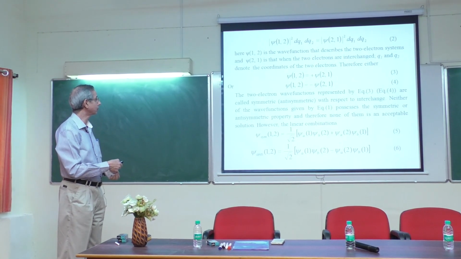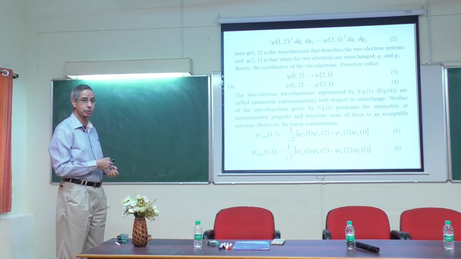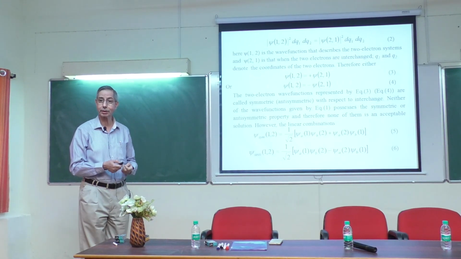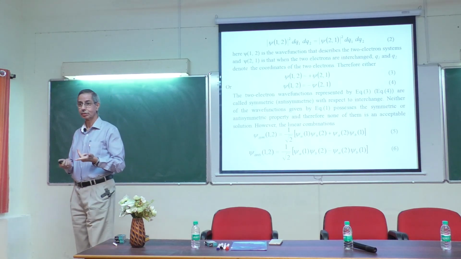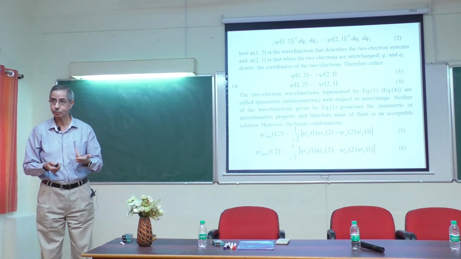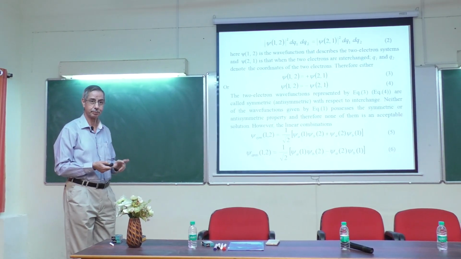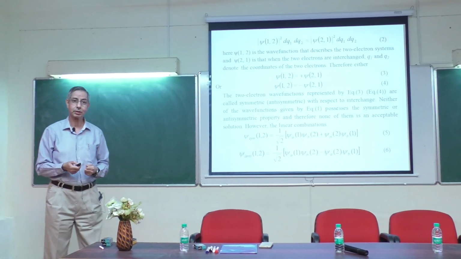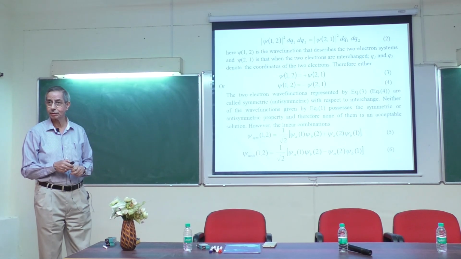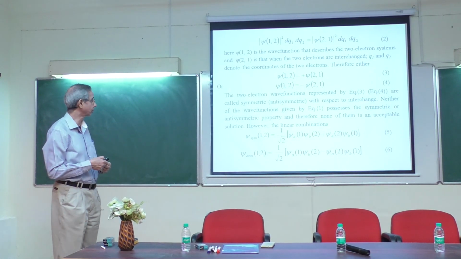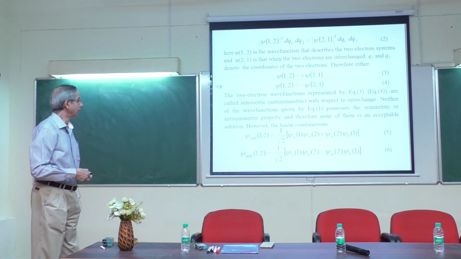So this solution is called symmetric, because the wave function is symmetric under the interchange of electrons 1 and 2. Whereas here there is a change in sign. That is a wave function which is antisymmetric with respect to the interchange between the two electrons 1 and 2.